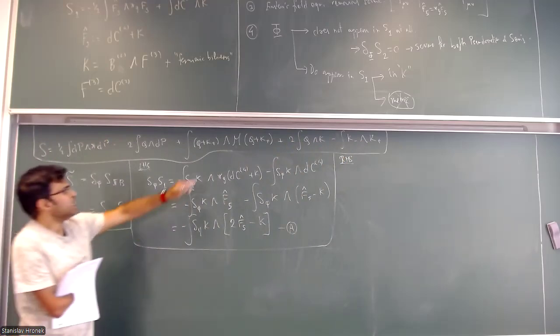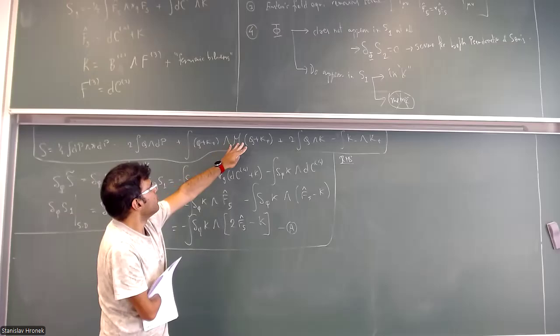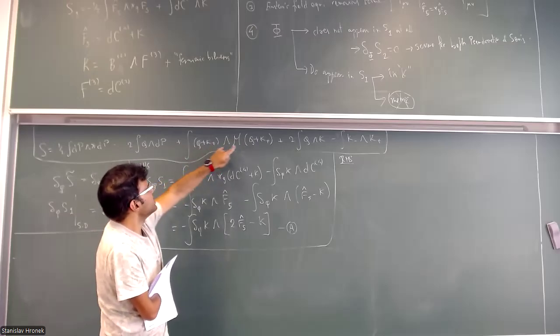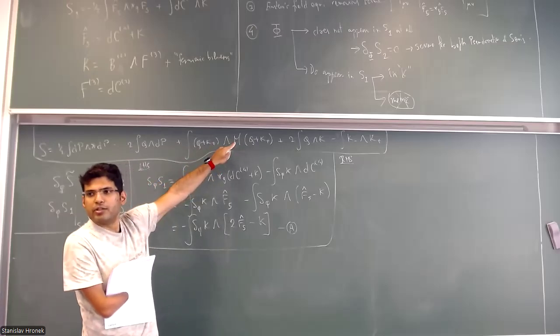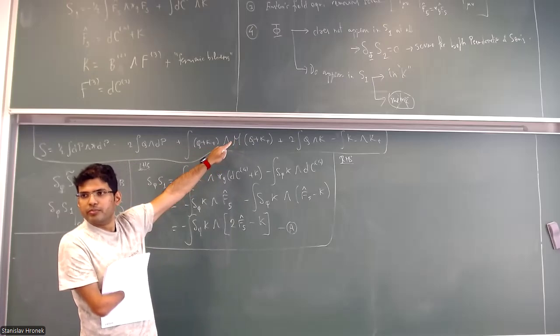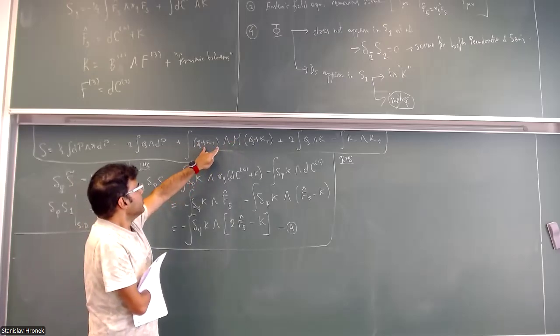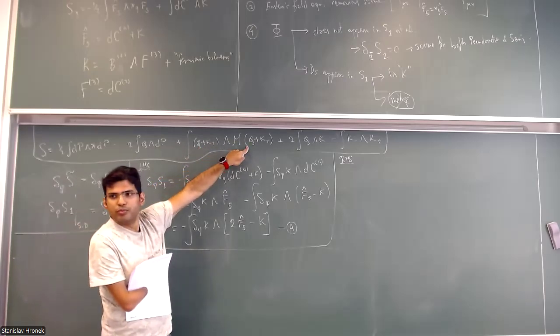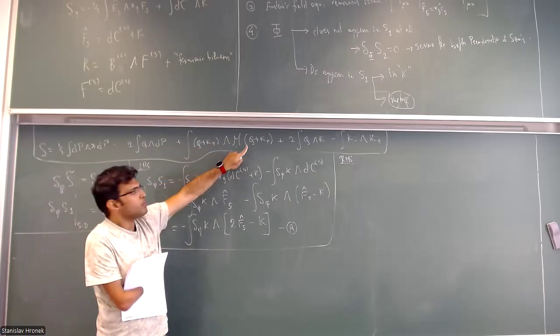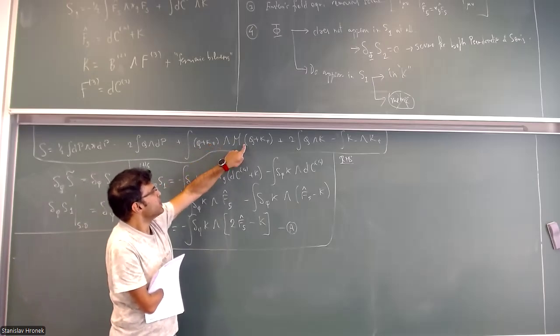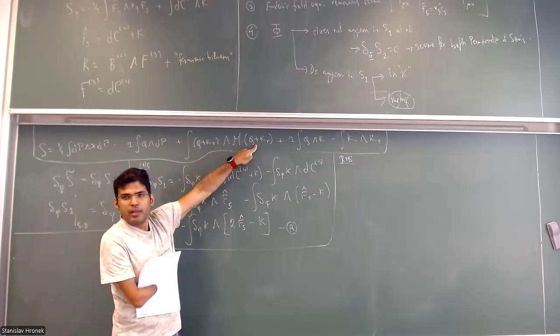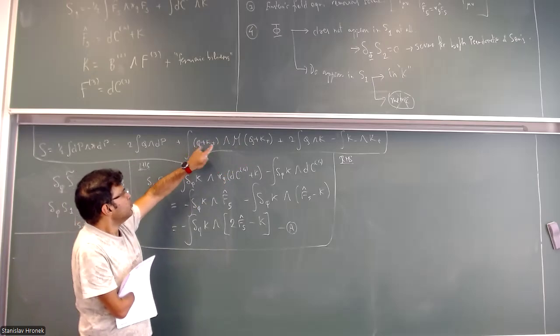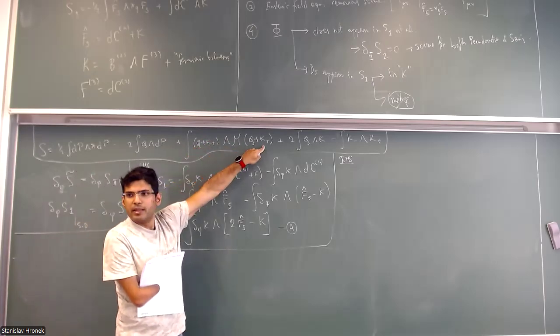Okay. And in fact, even if you expand this full product out, there is a term which is q wedge and q. That is also not going to contribute. Right. So if you expand this product out, you get one term which is q wedge and q. That is not important. You get a term which is k plus wedge m of q, and then you get a term which is q wedge m of k plus.